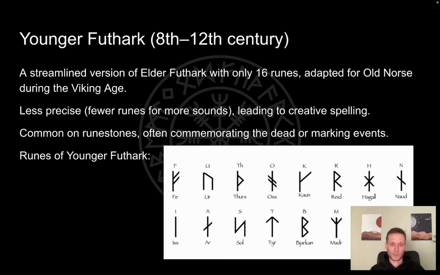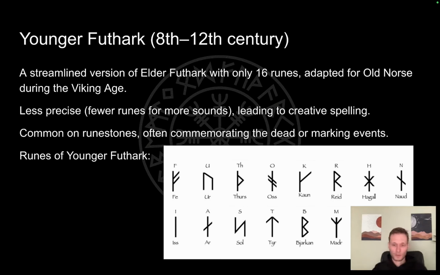It's a streamlined version of the Elder Futhark: some runes were removed, and it was adapted to the Old Norse language during the Viking Age. This alphabet is less precise because it has fewer runes, and you had to combine some runes to get the same phonetic value.